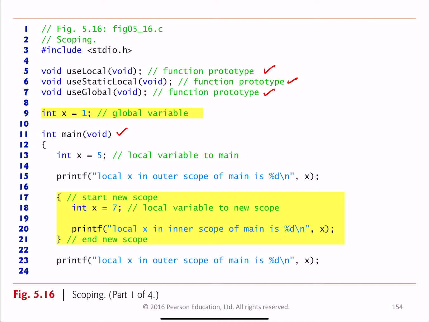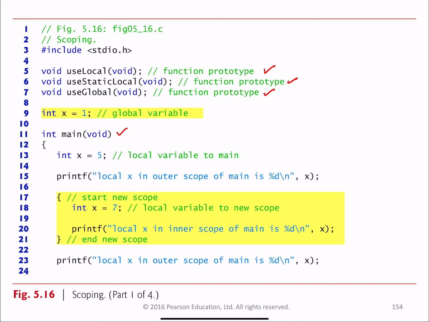One is called useLocal, and useLocal is very much like the functions that we've seen before. It has a local variable inside, and that's it. Then we have two other functions, and those two are different.